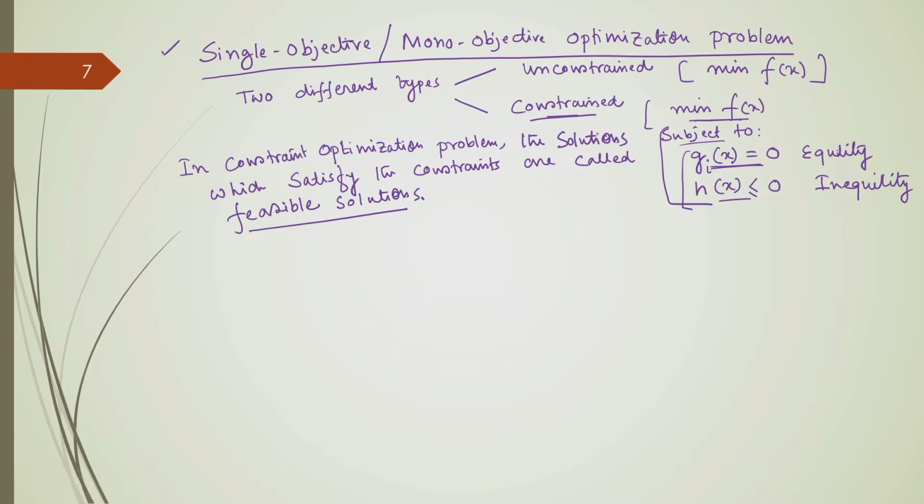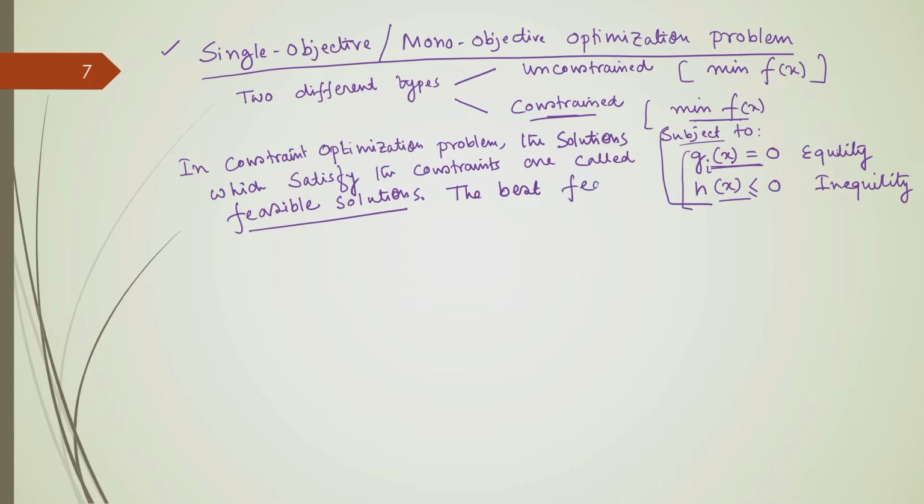We may have a number of feasible solutions in a typical constrained optimization problem, and the best feasible solution in view of the objective function is called the optimal solution.